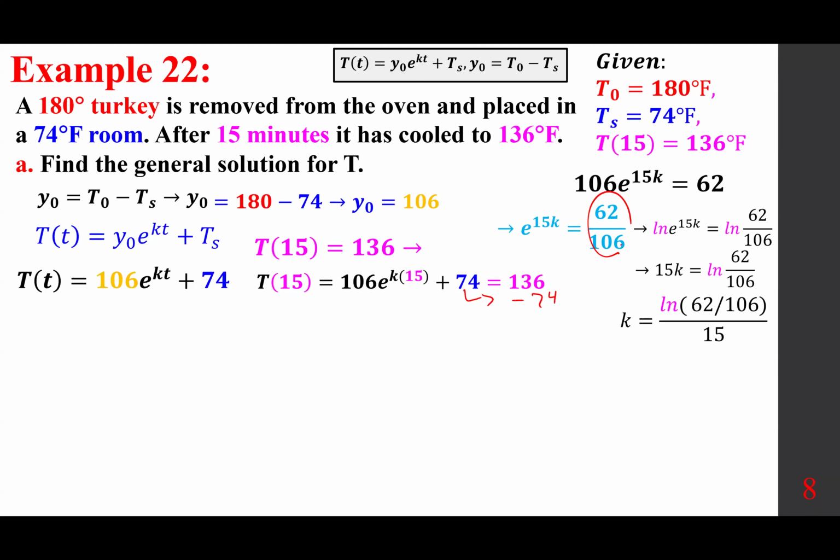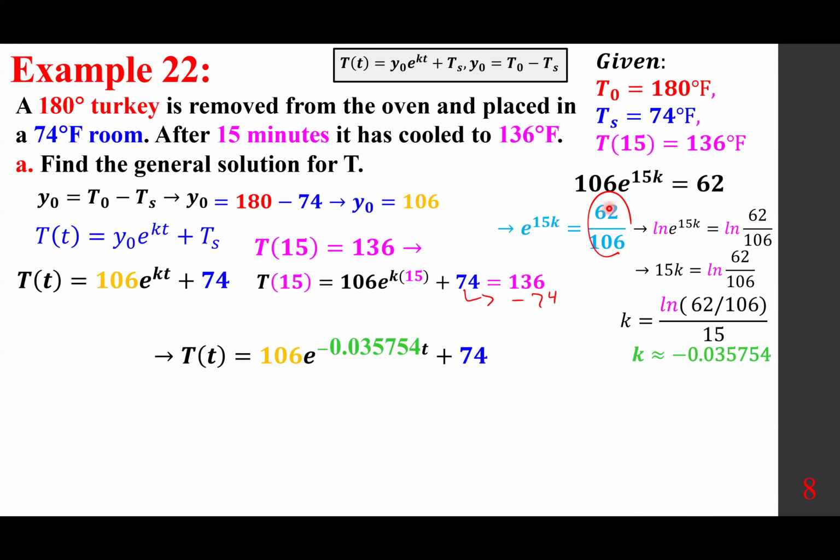And if you put it into a calculator with a bunch of decimals, and when I say bunch, 1 or 2 is not good enough, this is what you get. T of t equals 106 e to the power of negative 0.03575 t plus 74. Notice the number of decimals. You have to use a lot of decimals. Now, you can actually use an exact answer in the following manner.